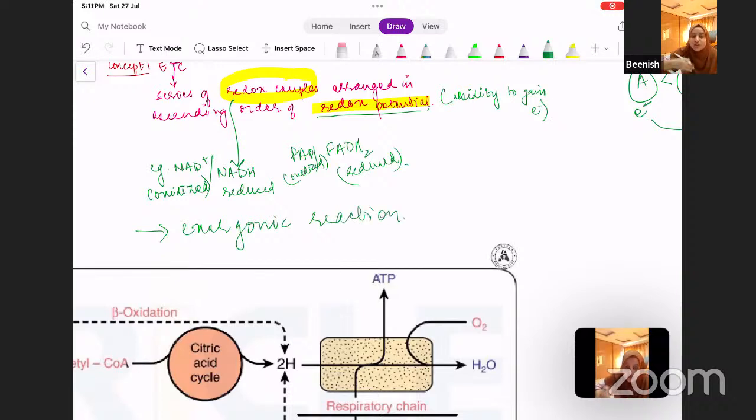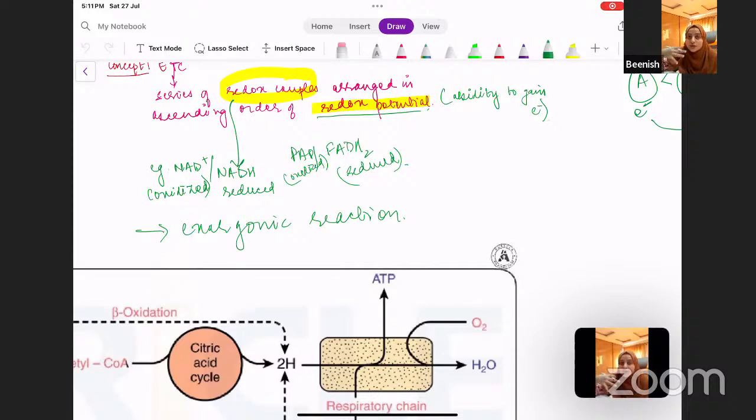That is, free energy is liberated in this process. While the electrons are jumping from one complex to another, free energy is liberated, and this free energy is used to pump protons from the matrix into the intermembrane space. We will see how. So that was the definition, or the concept, of the electron transport chain.